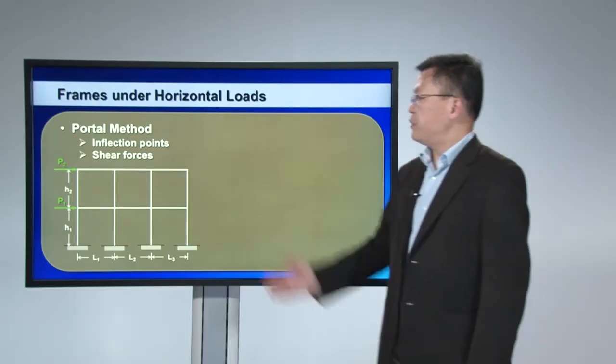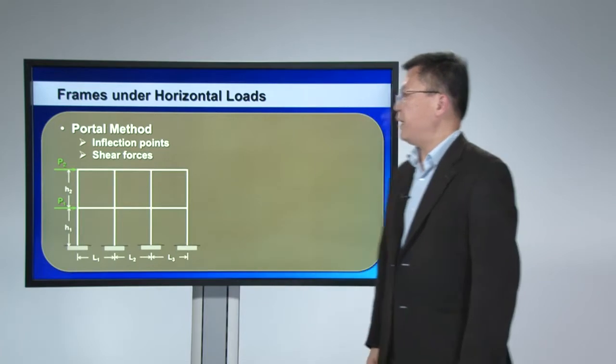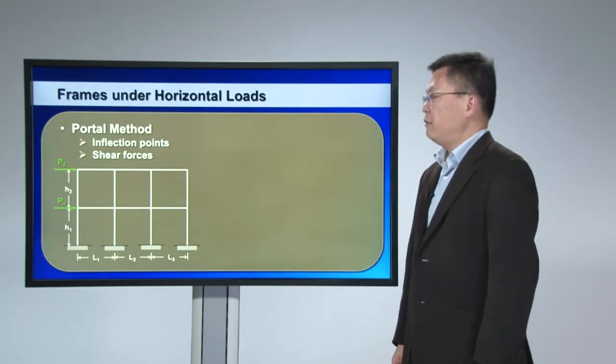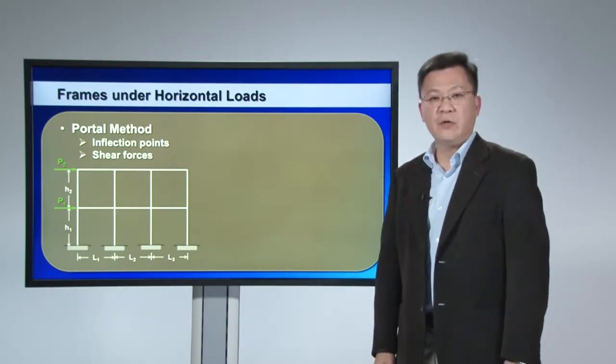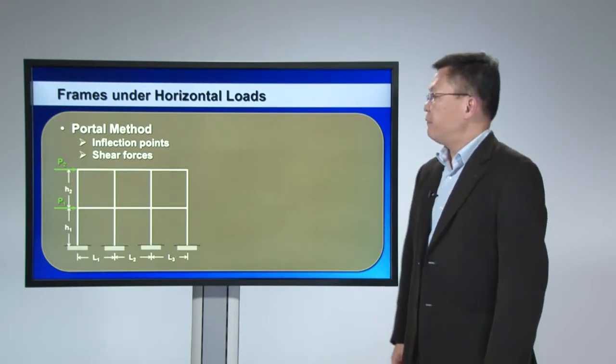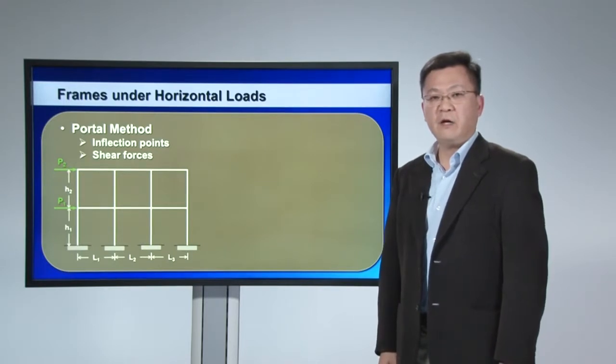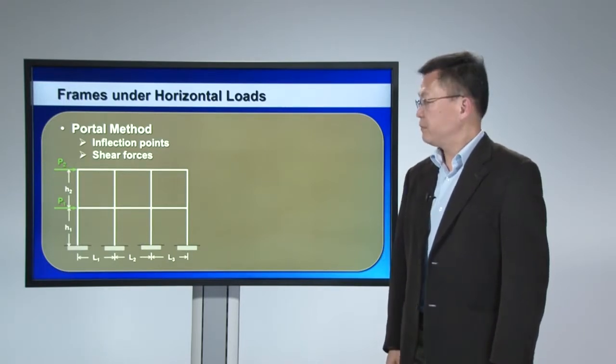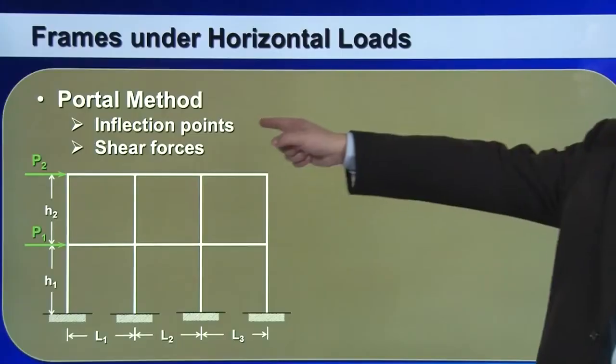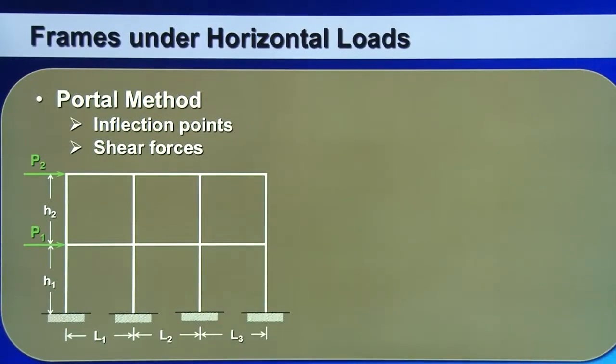Next, I'm going to introduce you to two very popular methods that have been developed for analyzing frames under horizontal loads. The first method is called the portal method. It involves two assumptions. The first assumption is the inflection point assumption.